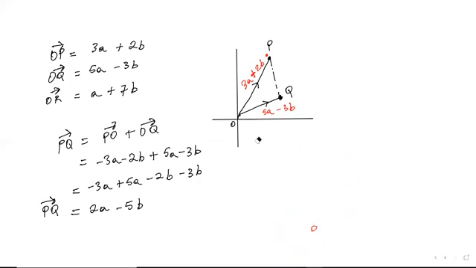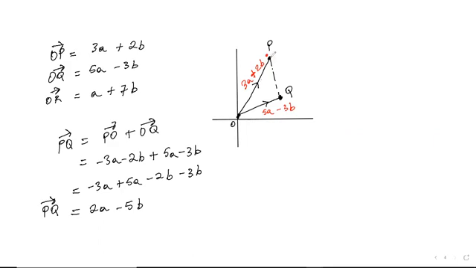Earlier, I told you that vectors have to do with magnitude and direction, right? The direction of OP is going up, so it's coming from the origin to P. That's the direction. But we know that OP is 3A plus 2B.